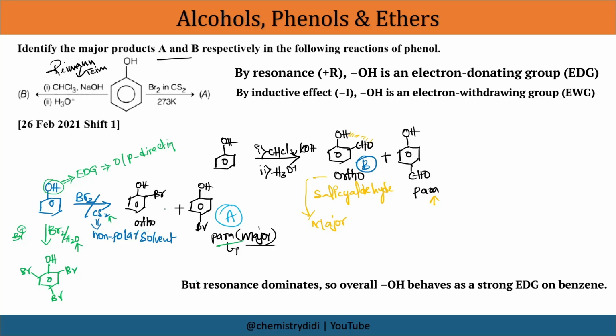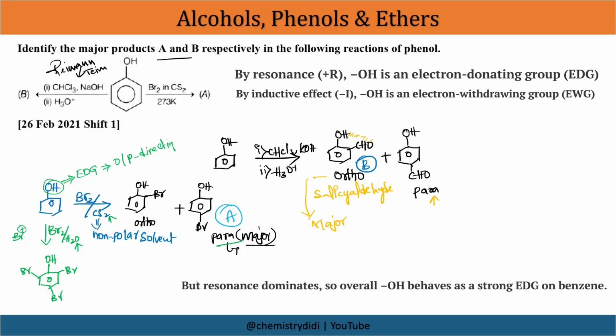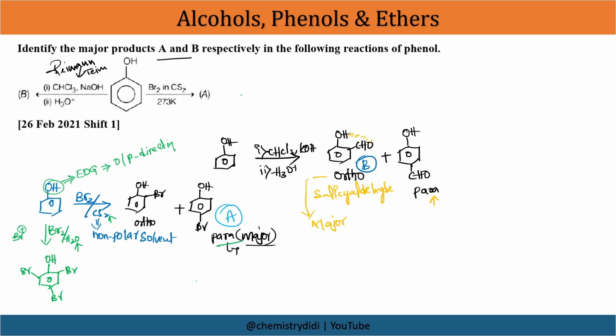Since you have come to this chapter, you would have completed all the basics, and you just need to know why exactly these electron donating groups substitute only over ortho and para, and why I can't substitute over the meta position. If you want to know all these things, you need conceptual knowledge from GOC.